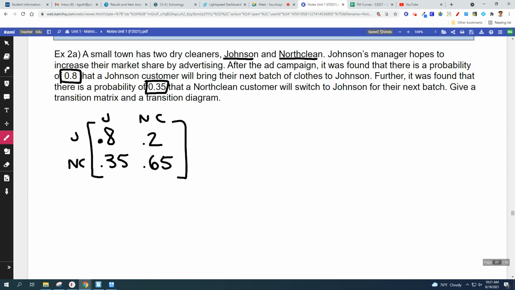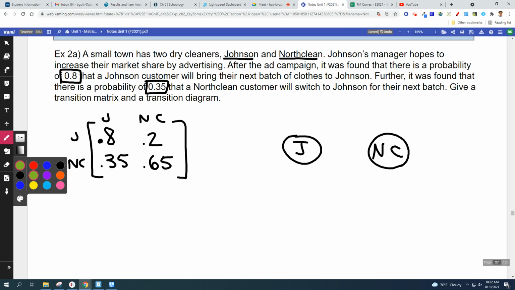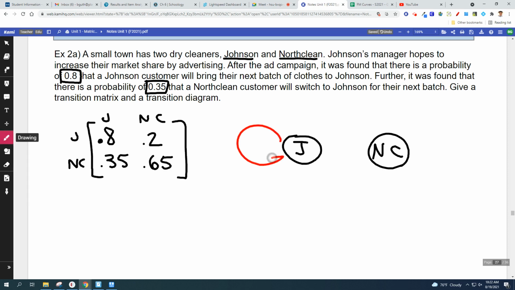Now we're going to make a transition diagram. Well, there are only 2 states in this problem. There's Johnson and there's North Clean. So we're just drawing a picture of those 4 numbers. If I look at Johnson first, from Johnson back to Johnson is 0.8.